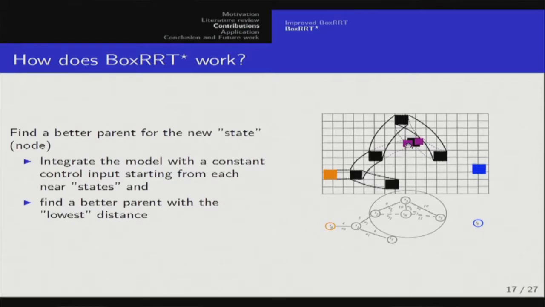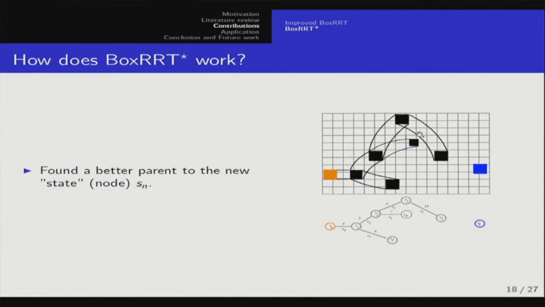And we will replace the first temporary state in the tree with this violet state here. And we will obtain this one now. And the other one will be erased from the vertices. And this is not a problem because at this point in the algorithm, we want to introduce states in the graph of trajectories. We will not modify anything in the graph. So we found a better parent for the state which was in this region.